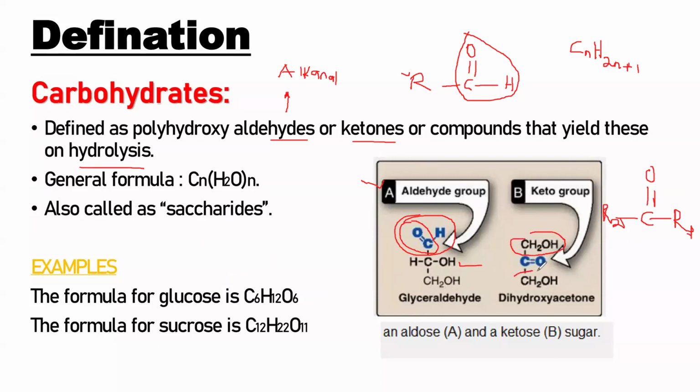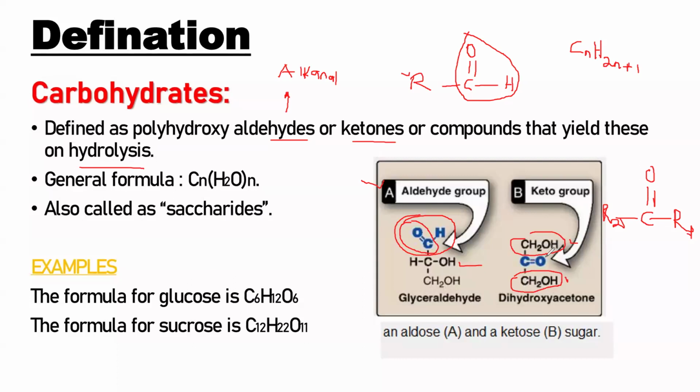These groups might not be the same. In this case, they are the same, CH2OH and CH2OH, but R1 and R2 may be different groups. So that is ketones. Here we have two OH, and that is why it's considered a polyhydroxy ketone.